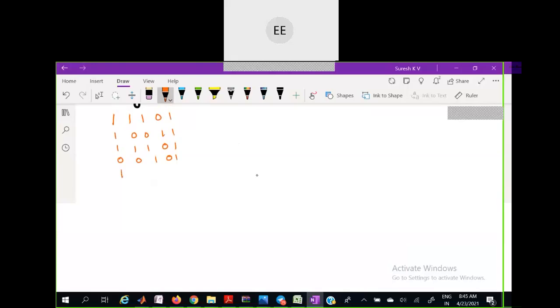The last row is 1 1 0 0 1. And of course, V is equal to 1. I'm just trying to look at 4-connectivity or 4-adjacency, and I'm doing labeling.